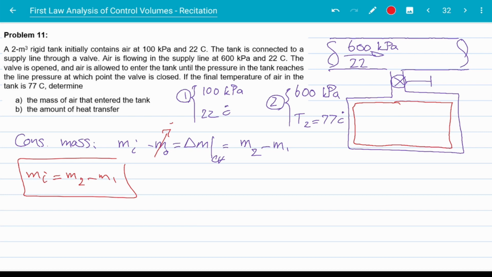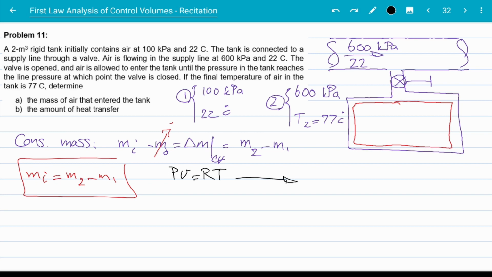Now, let's see if I can find M1 and M2. In order to find M1 and M2, because we are dealing with an ideal gas, I'm going to use the ideal gas equation. So remember that P times specific volume is RT. This is for an ideal gas, right?